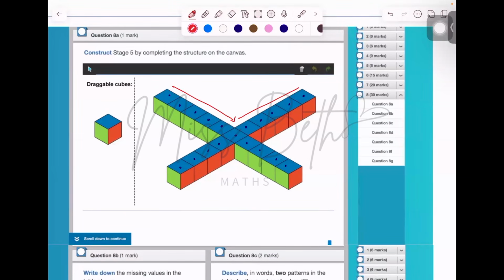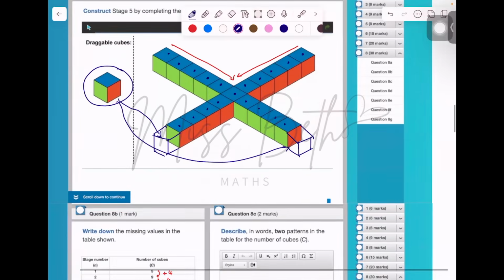This leg also has 5, but we're missing 2 at the front. You would drag and drop, placing one here and one here also, just to extend at the end. I'll sketch that on to show you roughly what it should look like. You would add those 2 cubes at the ends, so you'd have 21 cubes in total.